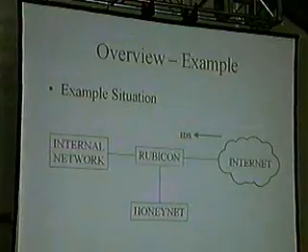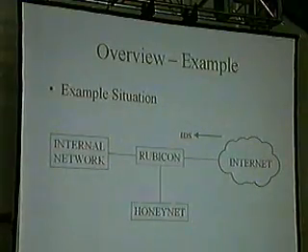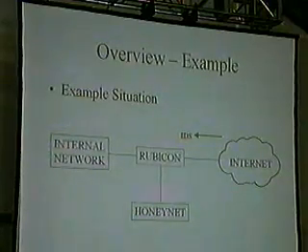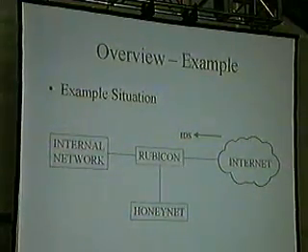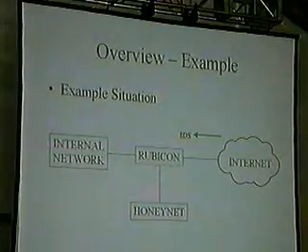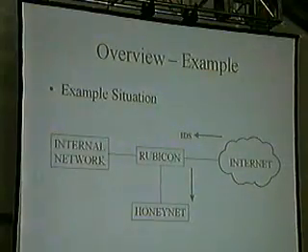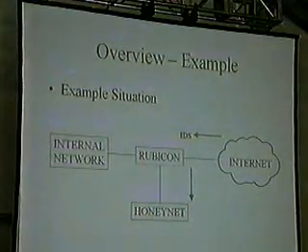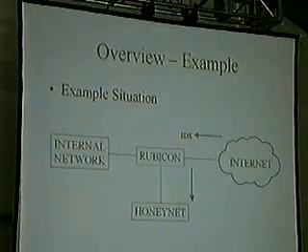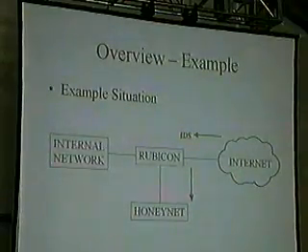Say it contains a buffer overflow, which we know from one of the different analyses which you could do, for example, the pattern matching, but you could easily do statistical, you could do protocol anomalies, so on and so forth. If there's a buffer overflow or an attack, we reroute it transparently to a honeynet. Rubicon can act bridging, so the only thing which changes is like delay time or something.